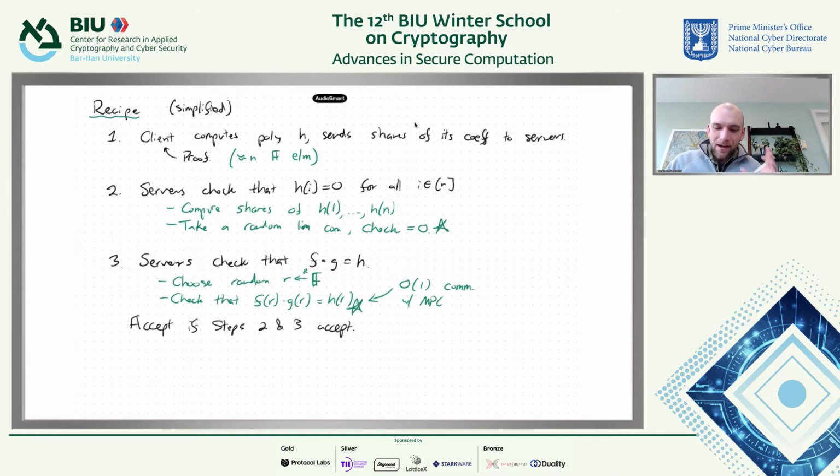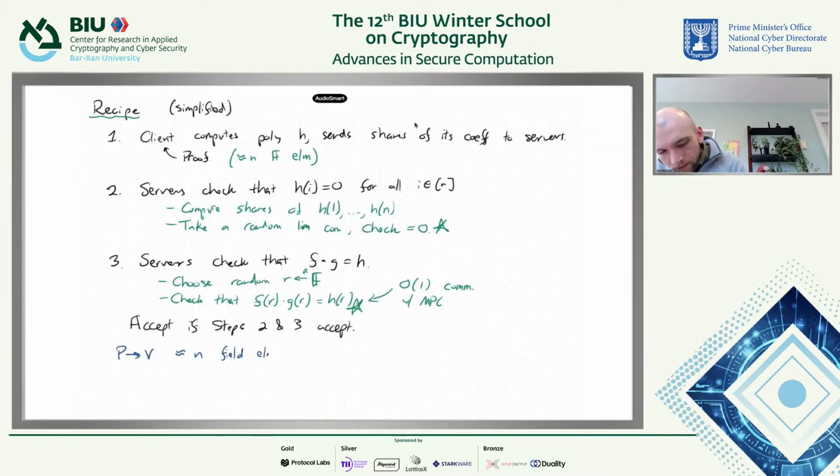Okay, so I felt obligated to give you at least some intuition for what's going on here. I'll just summarize the communication: the prover to verifier communication is like n field elements each. And then the verifier to verifier communication is something like 4 field elements. I haven't computed this constant exactly, but it's something like 4.